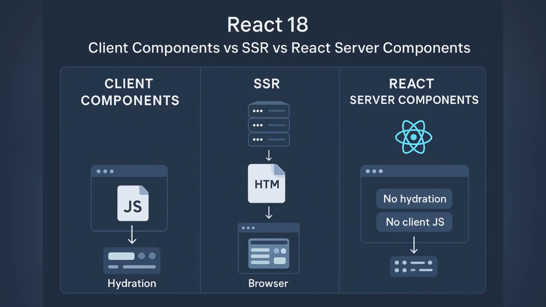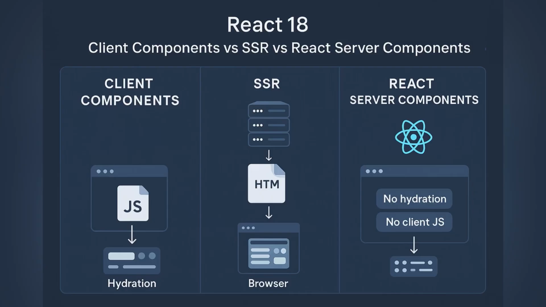SSR components render HTML on the server, then hydrate on the client to become interactive. You get fast initial paint, but still pay the price of sending JavaScript for every interactive piece. React Server Components are different. They never hydrate, they render on the server, fetch data directly from backend sources, and stream HTML to the browser.